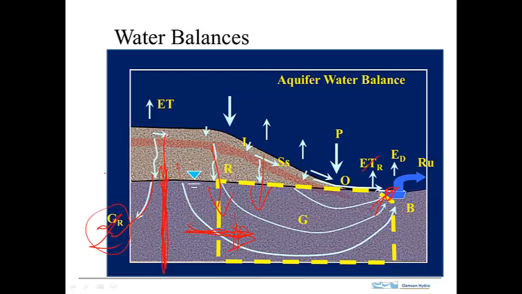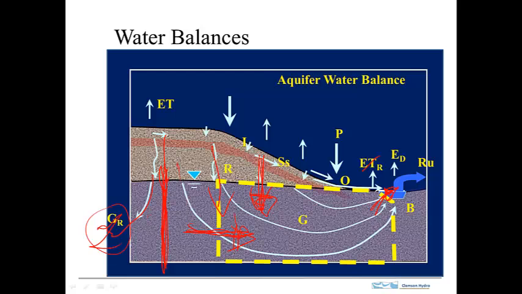Alternatively, you could assume that you've been able to define the location of the groundwater divide close enough, in which case you can use the simple balance that the recharge is equal to the base flow, with the base flow, of course, distributed over the area of the aquifer so that the recharge and base flow have the same units.